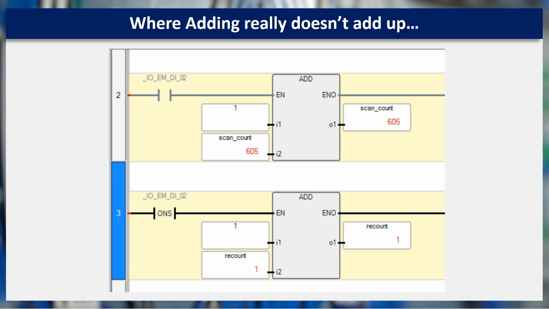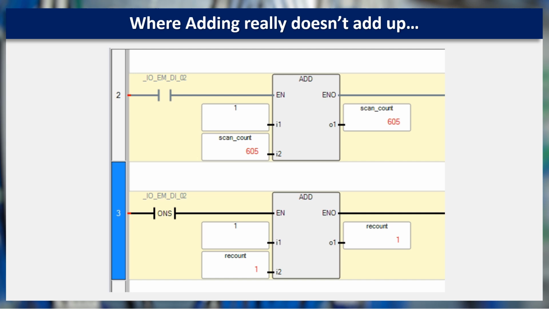Now, according to what we just heard, it's supposed to take 1, the value of I1, and add it to the value of I2, which had no value, and then put it into the same location called scan count, but we should have got 2 because I only clicked it once, and yet I have a number of 605.